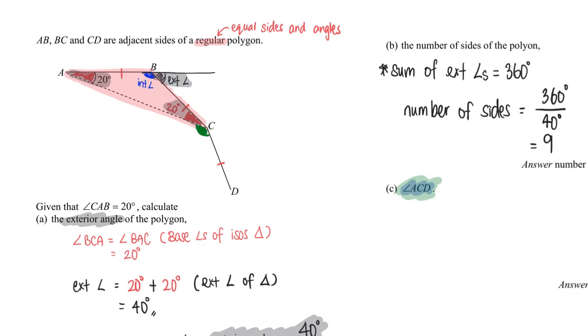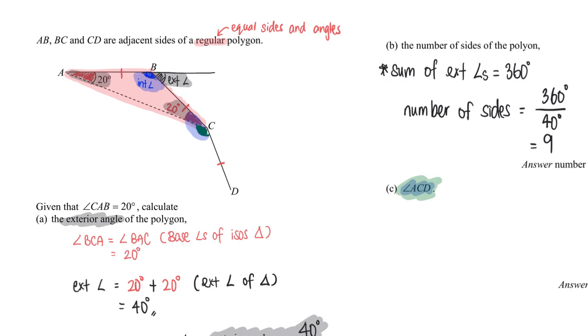Do take note, if we know the interior angle, we would be able to find angle ACD, right? Because angle BCD is the interior angle. Then later on, I just need to minus away the 20 degrees.